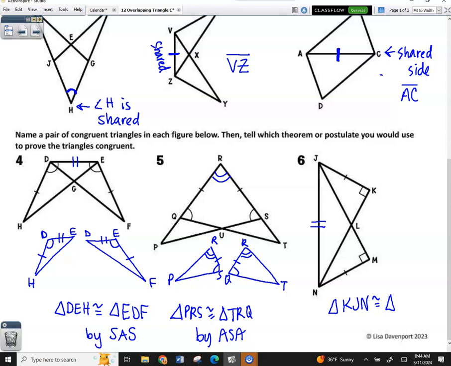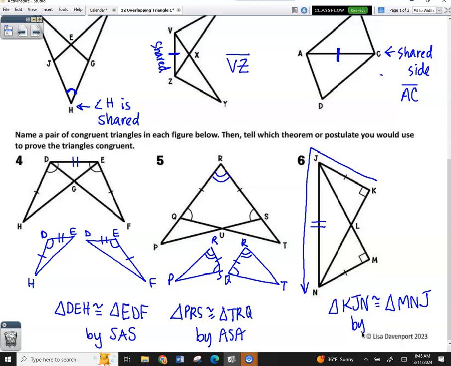What would I have to name the other one? If I go KJN, MNJ, very good. And then what's the shortcut?